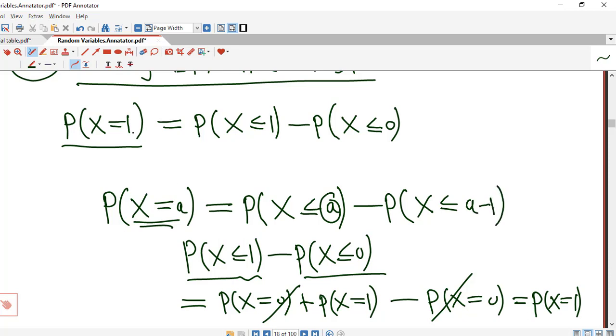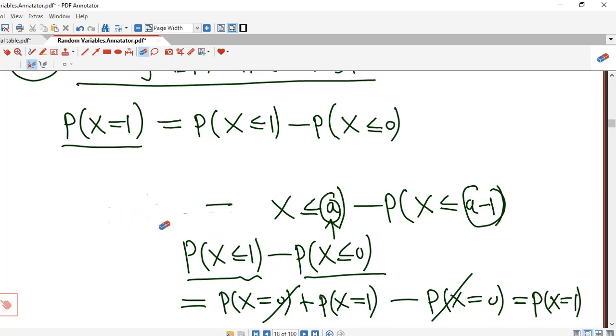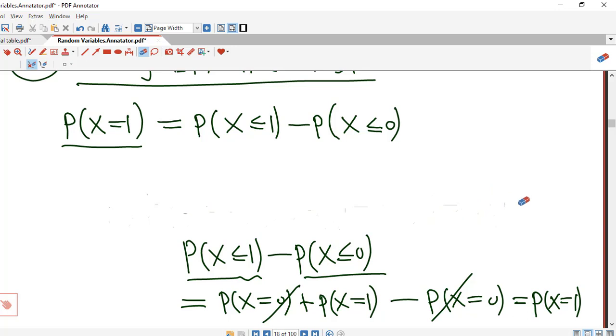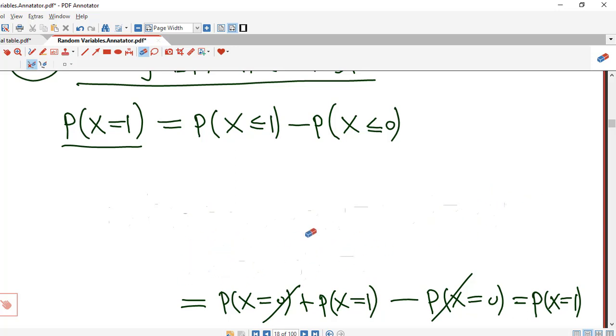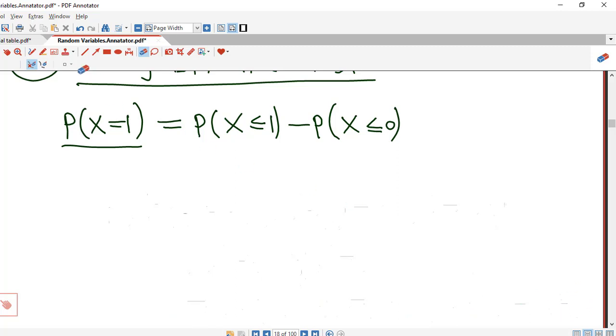So here a equal to 1, so we have probability that X is less than or equal to 1 minus probability that X is less than or equal to 0. So once we have cumulative type probabilities, we can use binomial probability table. So we try to find out this value first.